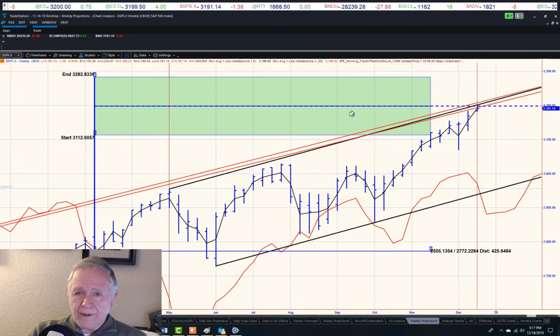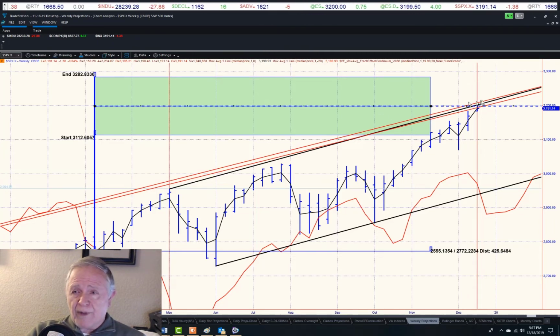Now, that gives you an exact idea where this black line is, but compare that to the exercise we did the other day finding exactly where this weekly projection was. Because when you get a weekly projection, you only use one offset, in this case 20 weeks, and you use a plus or minus 10% range.